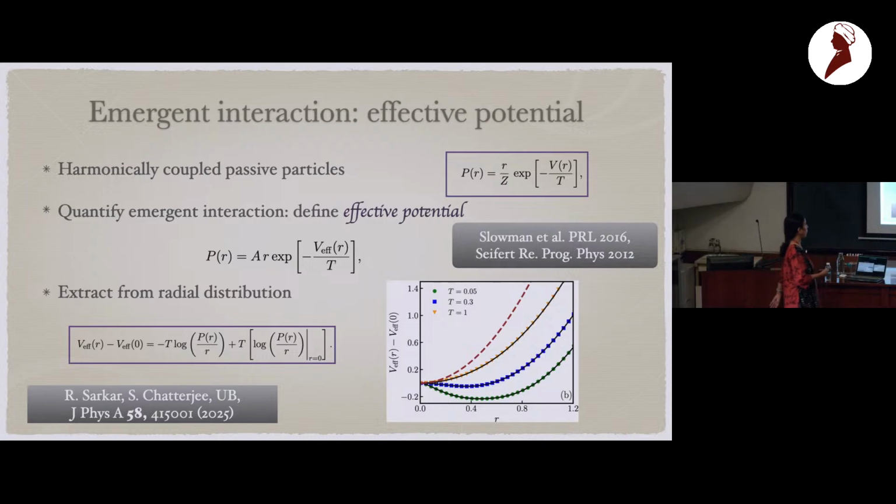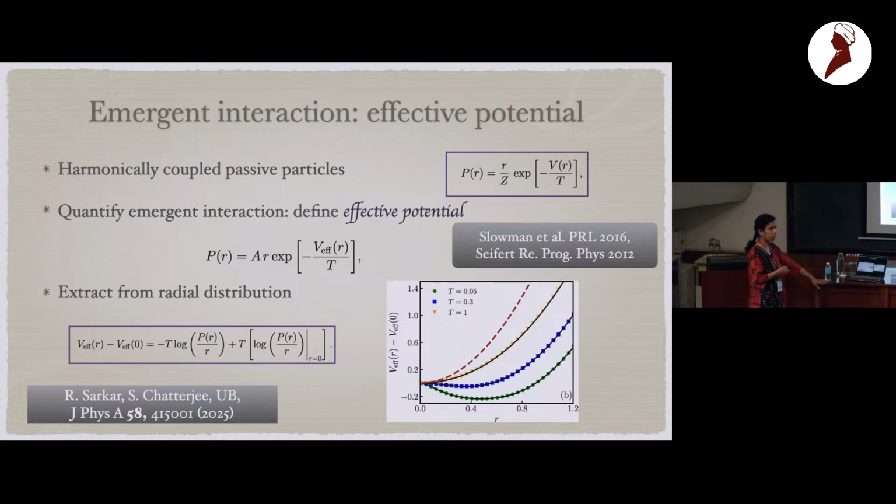But now when we have finite T, we cannot have any lower bound, or upper bound, once we have a temperature. So what we try to do is to define an effective potential. Had these been passive particles, we would expect the separation distribution to be of this form. Two passive particles coupled by some potential V would have this form. So we say that suppose there is an effective potential, and we extract that potential from the distribution.